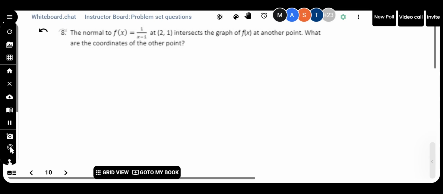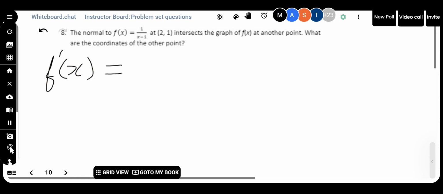So we always have to find that negative reciprocal when you're trying to find the slope of that other line. So let's see what we can do here. We first of all need to figure out what the slope of the function is on this line at 2, 1, right? So we need to find the derivative of the f of x function. So f prime of x.